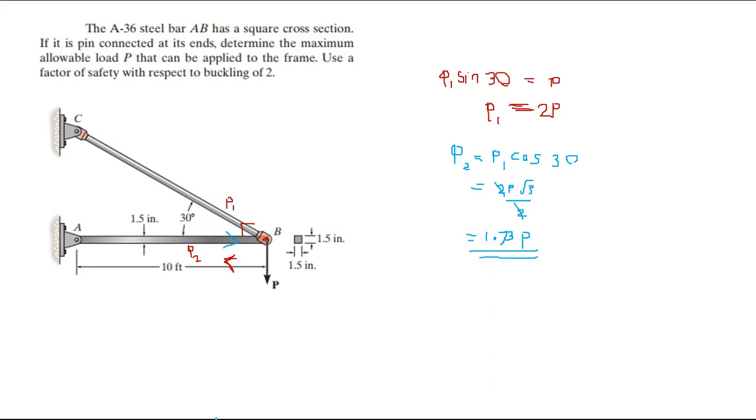Okay, they need a safety factor of 2, right? So if this is your buckling load, let's think our force in the member is F dash.